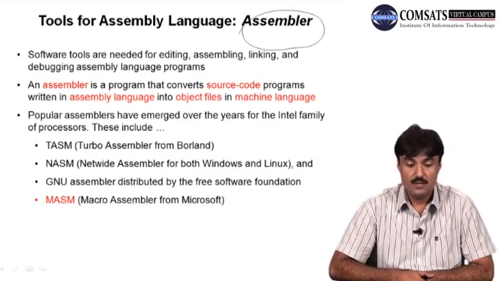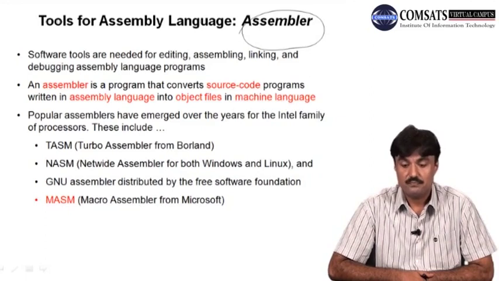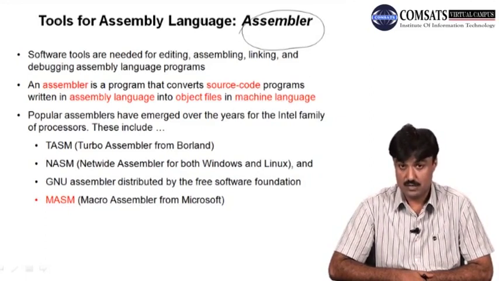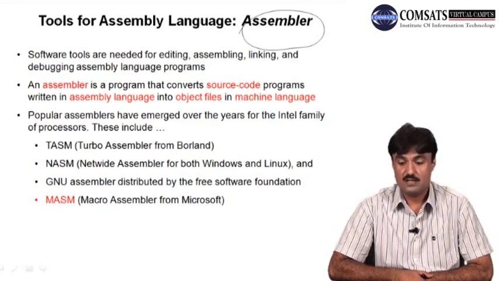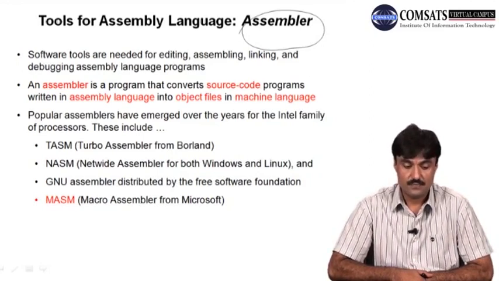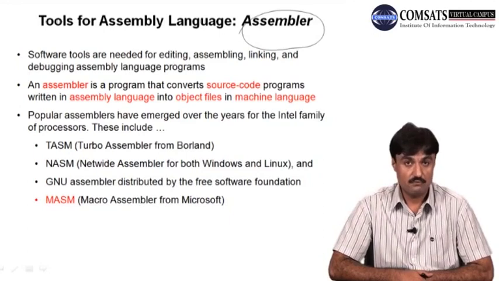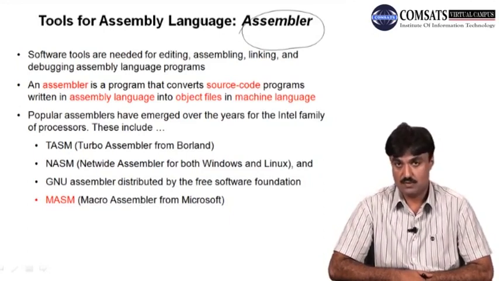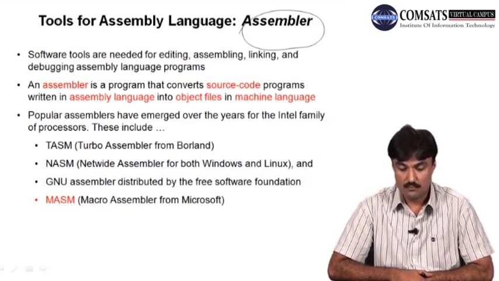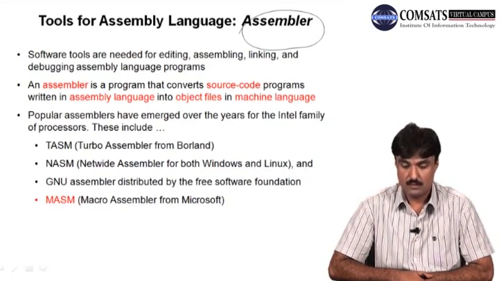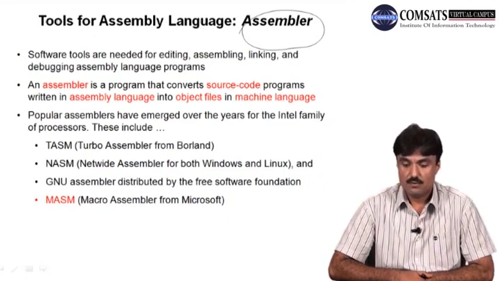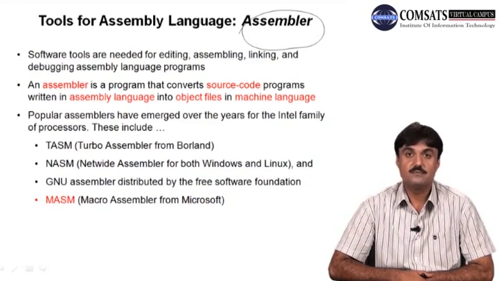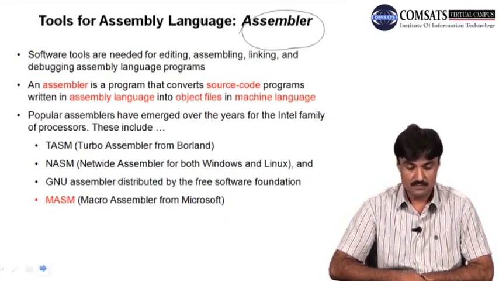What is an assembler? An assembler is a program that converts source code programs written in assembly language into object files in machine language, because we have to convert our code into machine language.